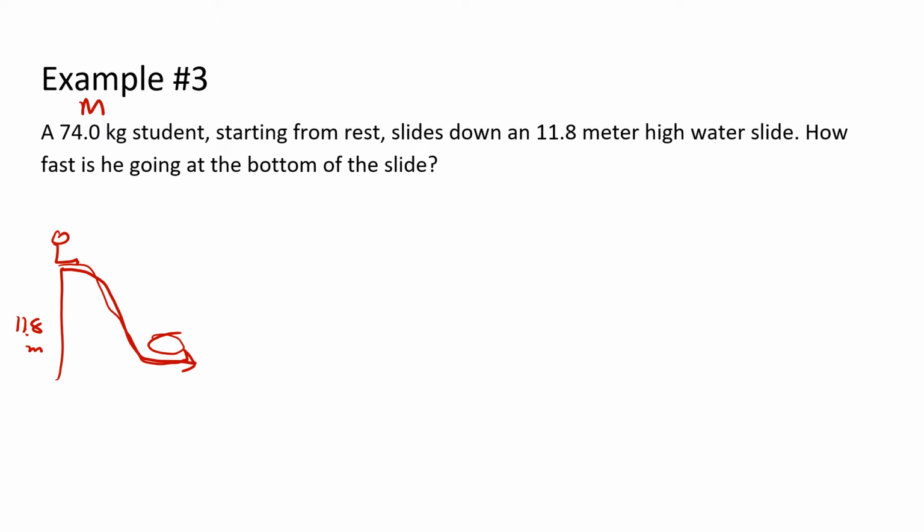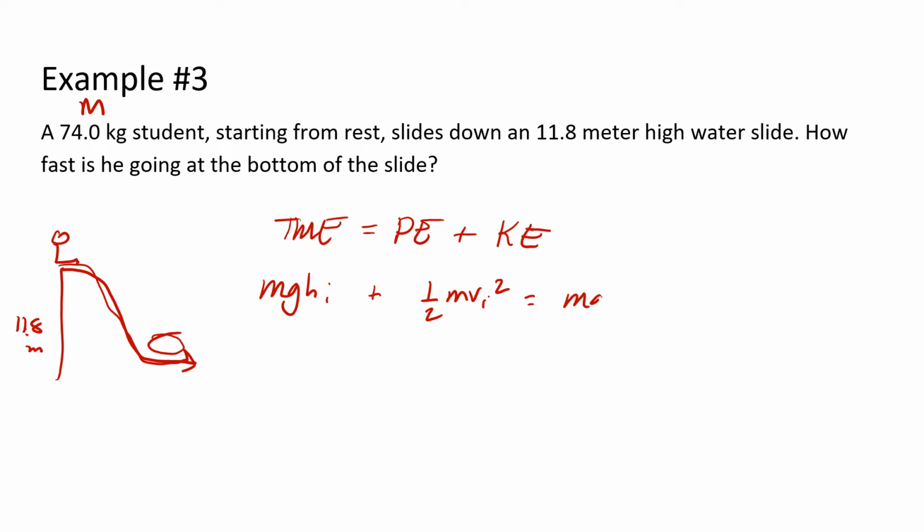We have to remember that my total mechanical energy equals my potential energy plus my kinetic energy. And I need to figure out how I am going to get that velocity by itself. Using this, my initial potential energy plus my initial kinetic energy will equal my final potential energy plus my final kinetic energy.